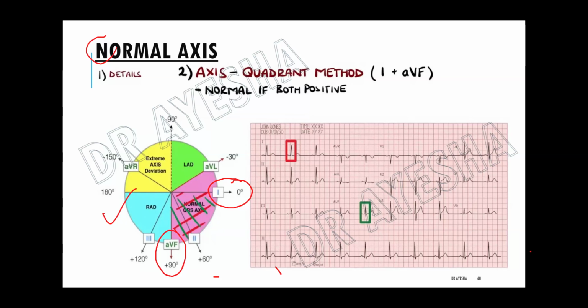So just make a little circle like this. Write lead 1 here at 0 degrees, and this is 90 degrees for AVF.